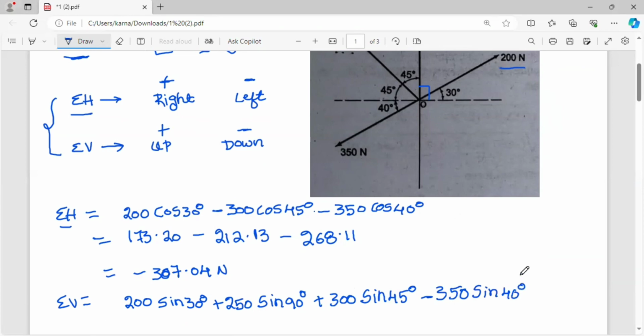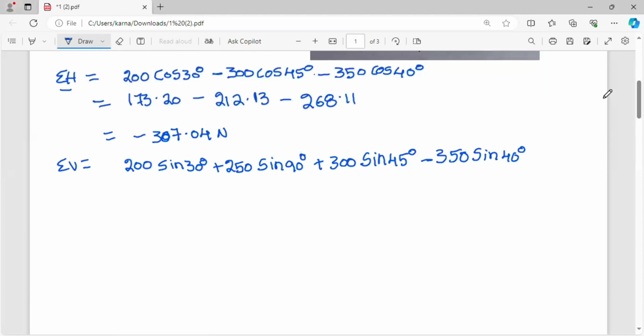By simplification of this entire equation, 200 sine 30 degrees plus 250 sine 90 plus 300 sine 45 minus 350 sine 40 degrees, you get the value 337.15 newtons.